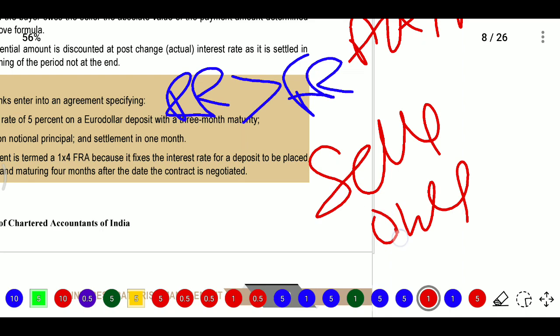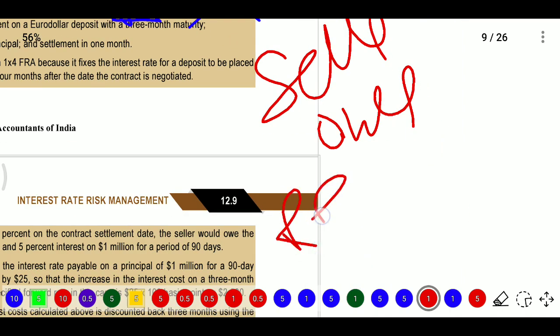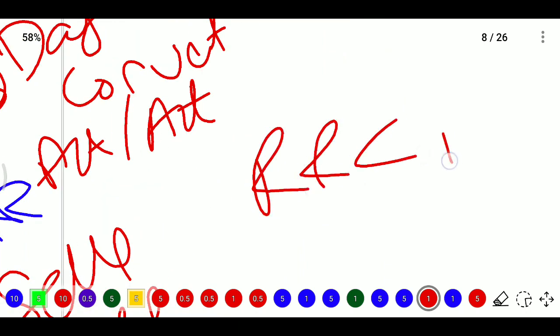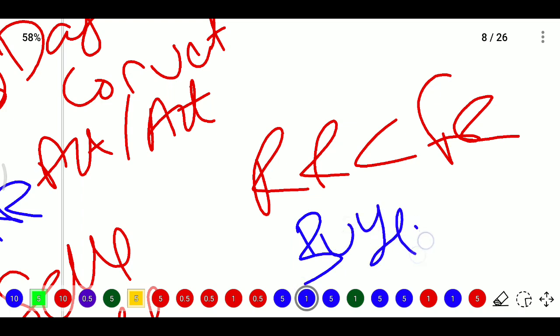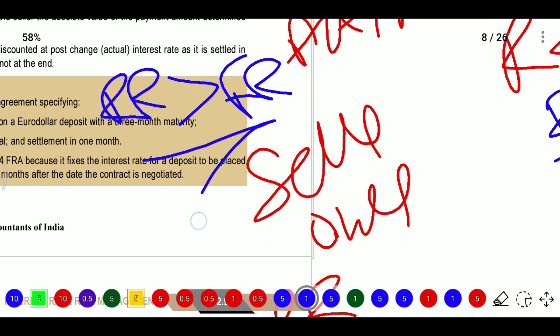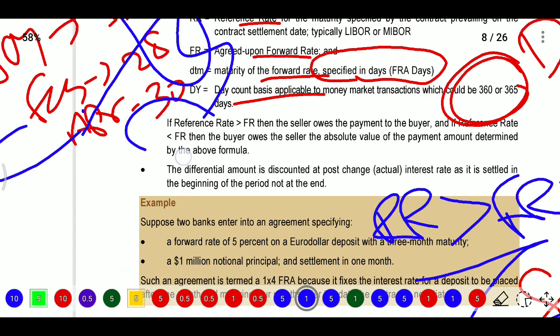Whereas if the reference rate is less than the FR rate, then the buyer owes the seller the absolute value of the payment. So here the buyer owes, where FR is greater, meaning the seller owes. This is what they are explaining here.